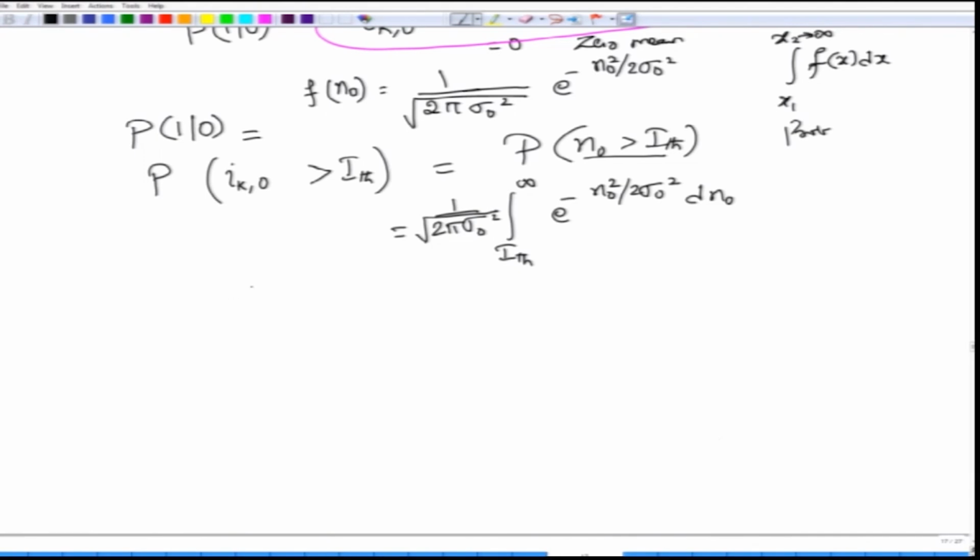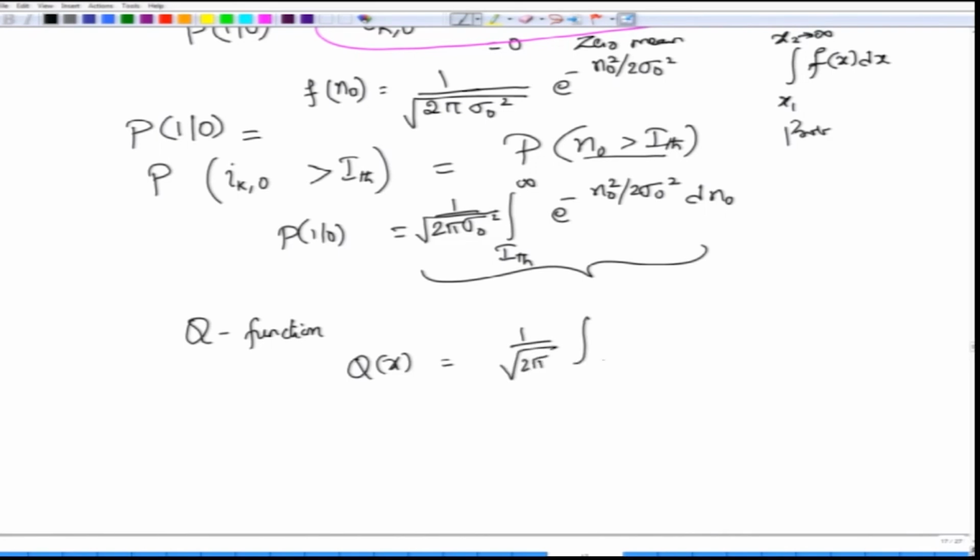I can relate this expression to what is called the Q function. The Q function is defined as Q of x equals 1 by root of 2 pi times the integral from x to infinity of e to the power minus some dummy variable squared by 2.